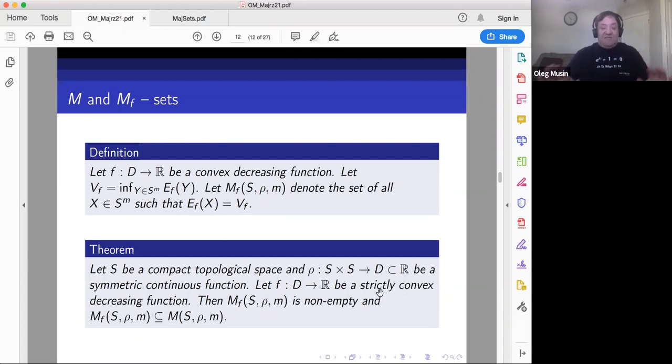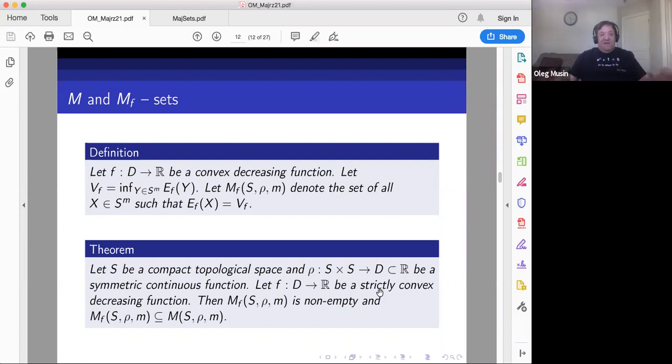If we have these three assumptions, a compact topological space, we don't need a metric by the way, just a topological space, rho continuous and f strictly convex, this implies that any M_f set has to be also an M set.